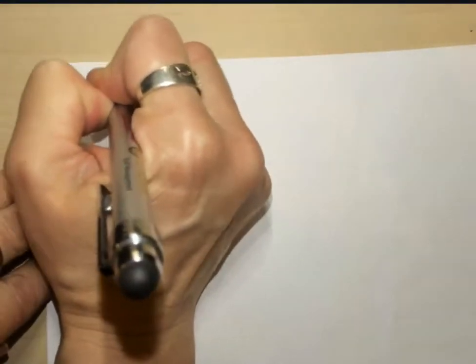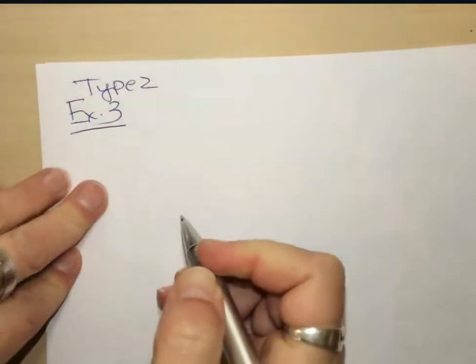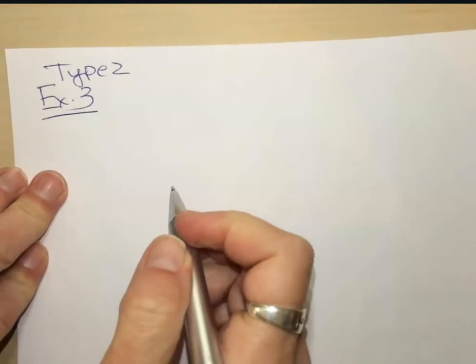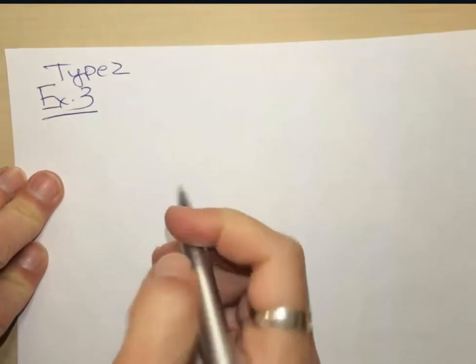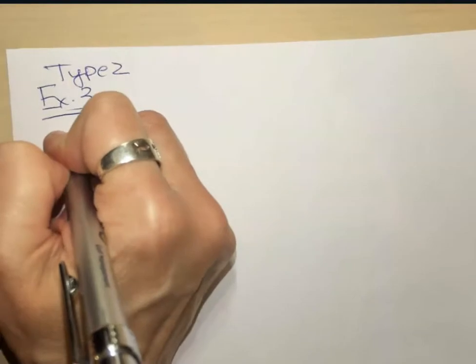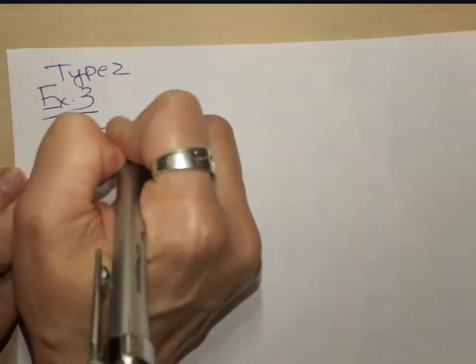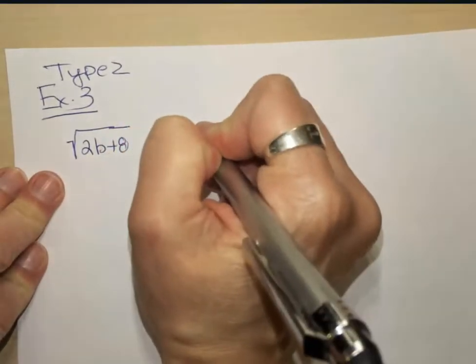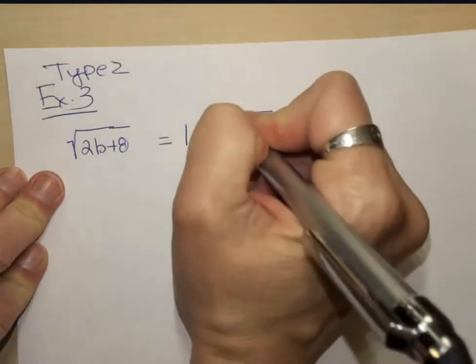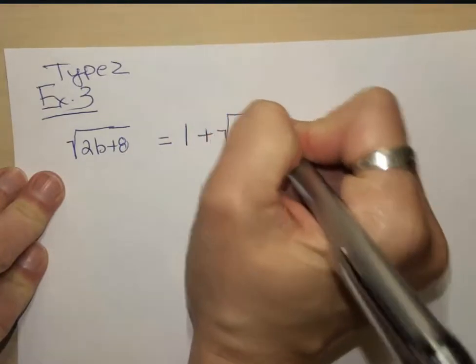And this is type 2. That's not an official, that's just how I group them. So if I had a square root of 2b plus 8, and that is equal to 1 plus the square root of 3b minus 3.